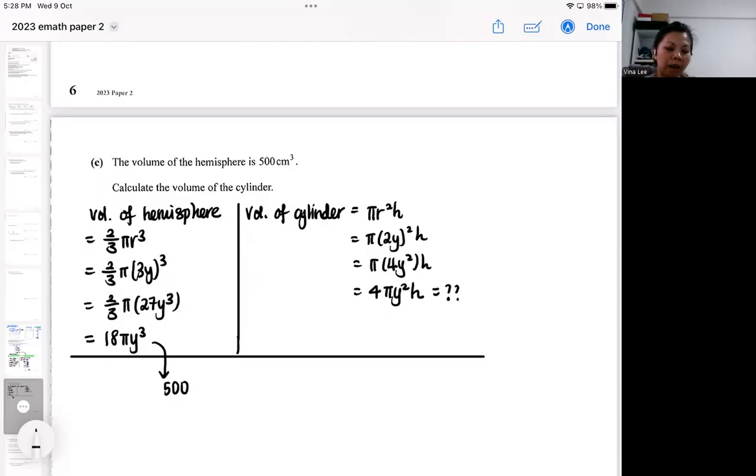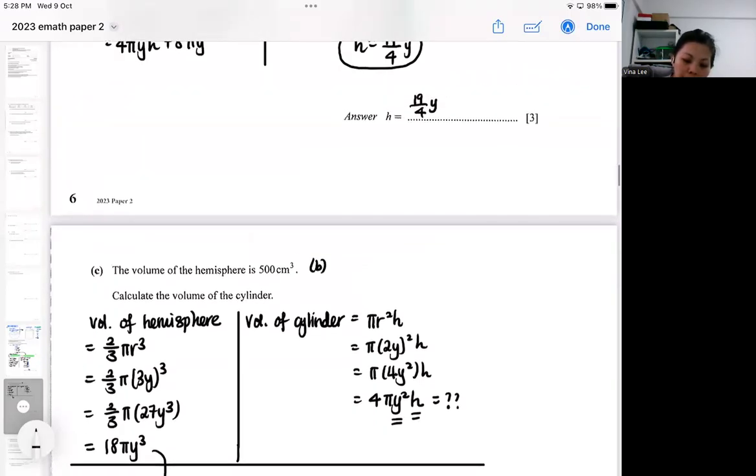So you should end up with a numerical volume. So in order to have the numerical volume, you must know what is your y, you must know what is your h. So actually, don't forget, from part B, you already got your h is equal to 19 over 4y.